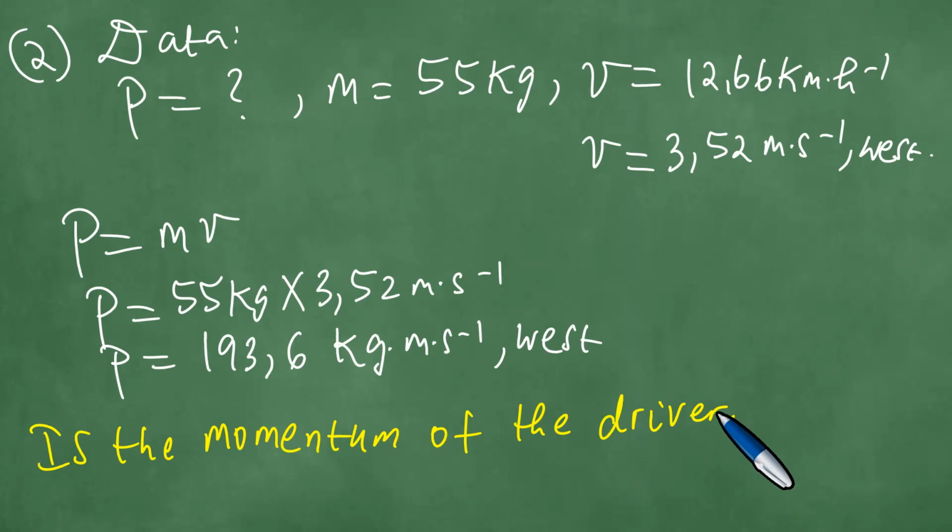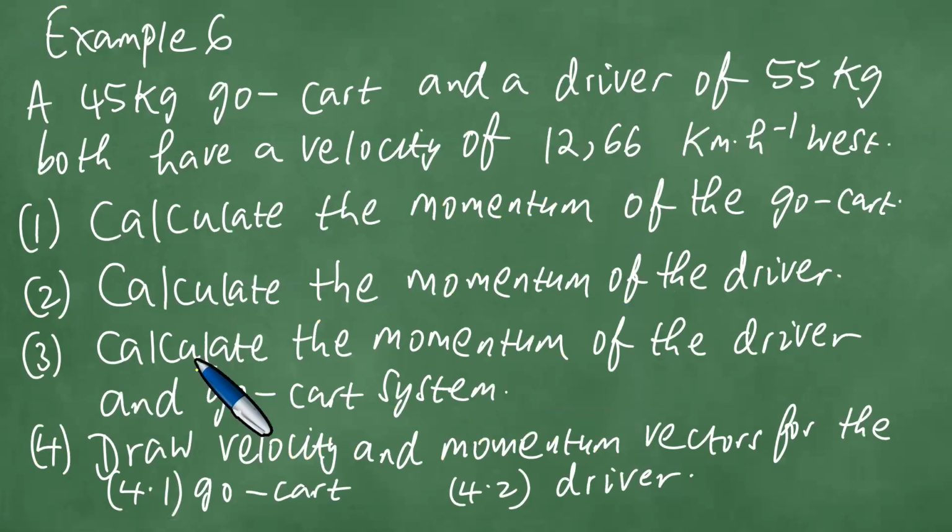So we continue. Okay, a couple of things that obviously we still need to do. What about the third question? Calculate the momentum of the driver and go-kart system. So in other words, the driver and the go-kart are now together. If we combine them together and want to find the momentum of everything, because this driver is actually now driving the go-kart.